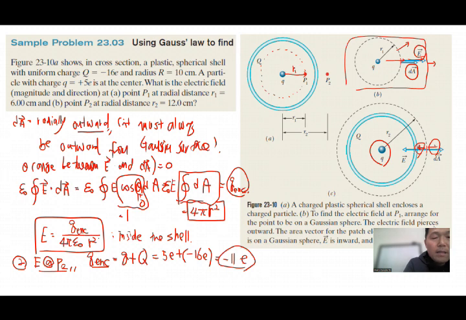By the way, when the radius of the Gaussian sphere is smaller than the shell, the Gaussian sphere only includes the point charge, so the enclosed charge is 5e.